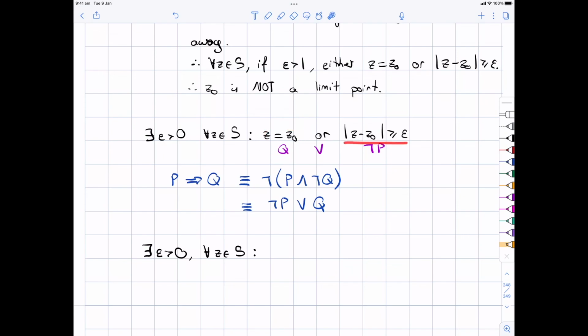Well, what's the negation of that? That's just going to be |z minus z0| less than epsilon implies that z equals z0.